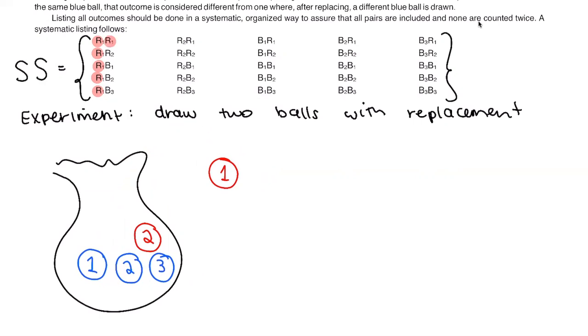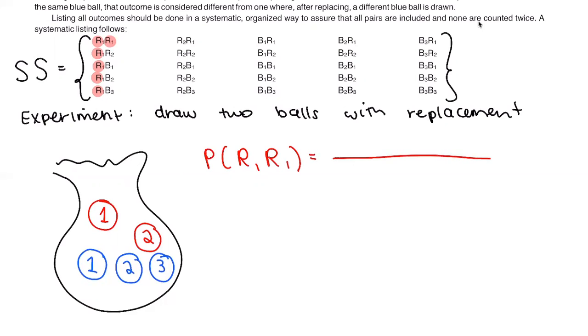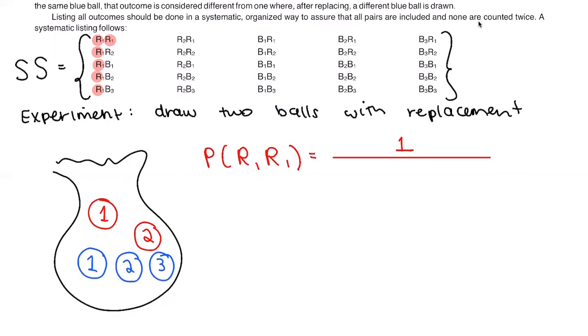The probability, let's put that ball back in the bag. The probability of getting red 1 followed by red 1 is all of the ways we can get R1, R1. We found it. It's the first one out of all of our possible outcomes. Well, this first column has 1, 2, 3, 4, 5 options.